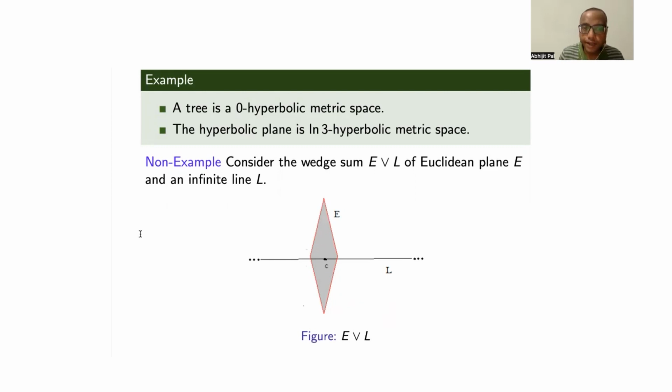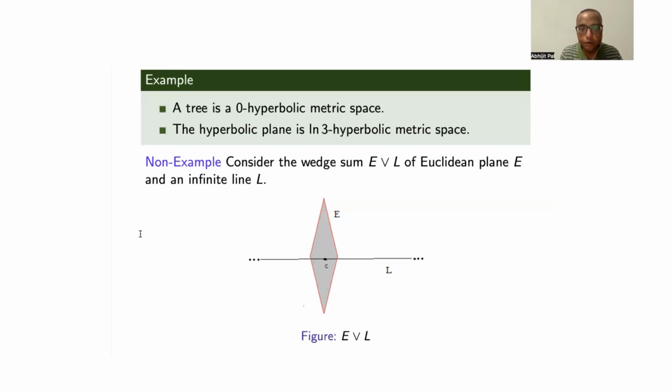Now if I take any tree, what is a tree? It is a graph without any cycle. A tree is a 0 hyperbolic metric space. It means that any triangle here will be a tree-generated triangle, so delta will be 0 here.